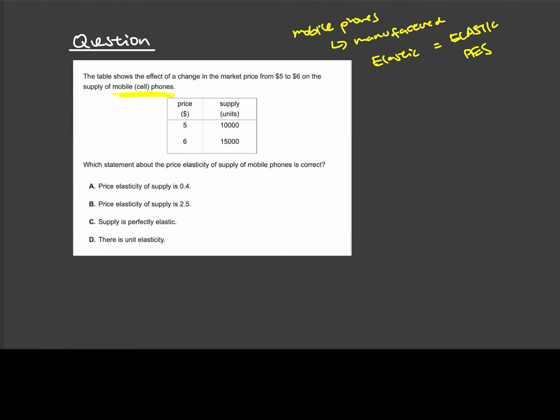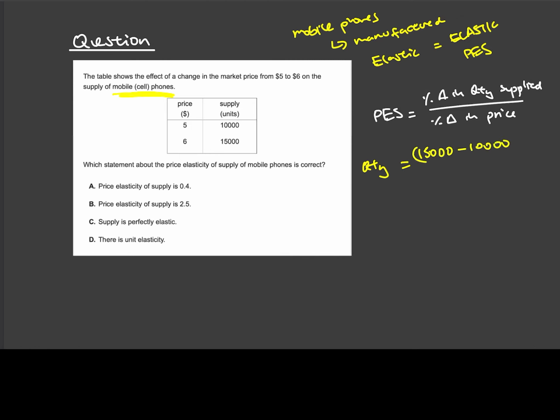So based on the question alone, without any calculations, we already have a sense of where this is going. Remember the PES formula? PES is equal to percentage change in quantity supplied over percentage change in price. And the percentage change formula is new quantity minus old quantity, over old quantity. Let's do it for supply first. The new quantity is 15,000 minus the old one, which is 10,000, and then we divide this by 10,000, the old quantity.